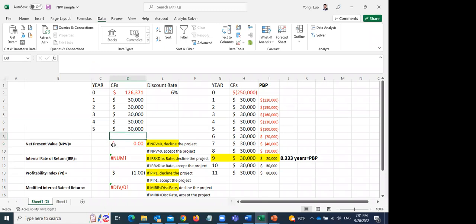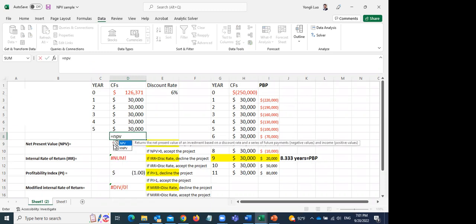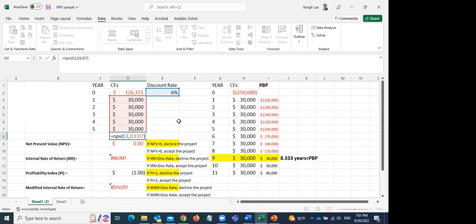Okay, I'm going to show you how to do that. Is it the net present value function, right? Select a rate of 6%, and you just select all those numbers. Okay, all the values and the rate, that's going to be the net present value.